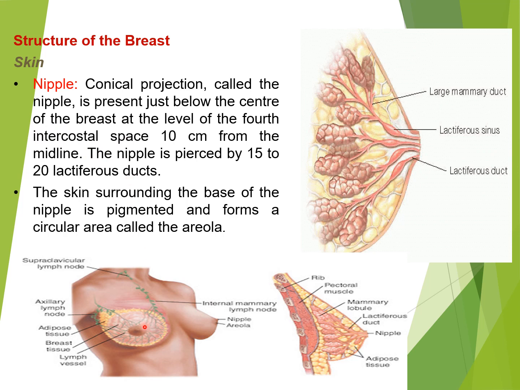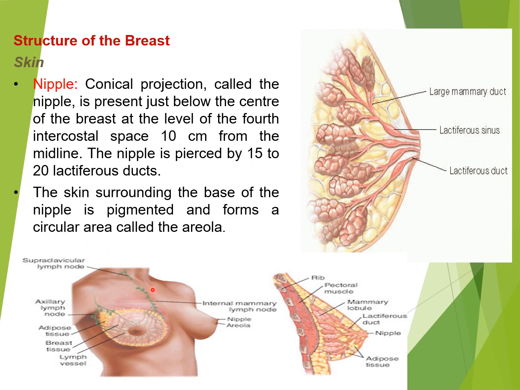It is located in the fourth intercostal space. An intercostal space is nothing but the space between two ribs; costa means rib. So in the fourth intercostal space you have the location of the nipple, 10 centimeters from the midline.